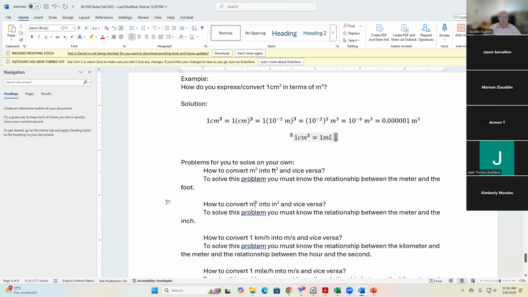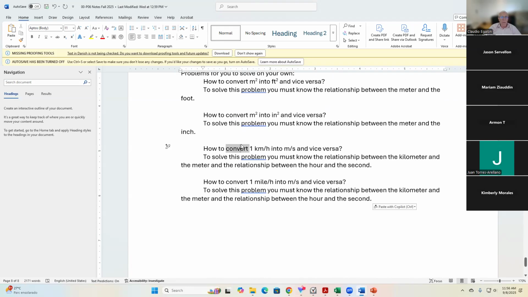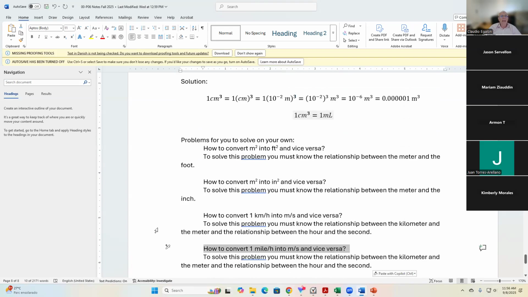How to convert square meter into square inch, and vice versa. How to convert 1 kilometer per hour into meters per second, and vice versa. 1 mile per hour into meters per second, and vice versa. Those are all sorts of different conversions that you must know how to do. Okay.